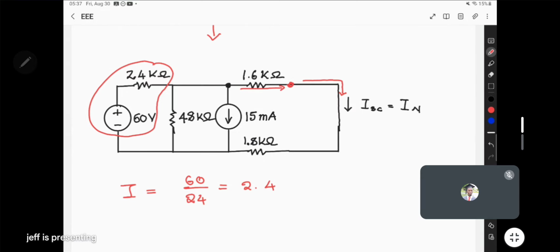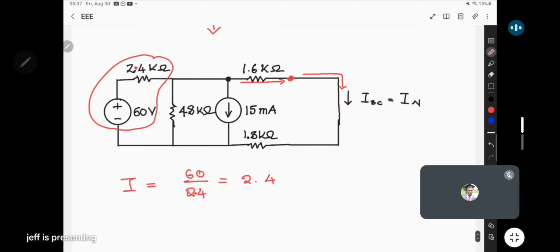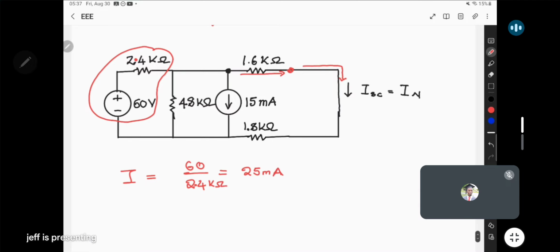All right, so this is 2.4, not 24. So here we get 25. But remember, this was in kilo ohms, so this will be in milliamps, or it will have times 10 to the power negative 3.